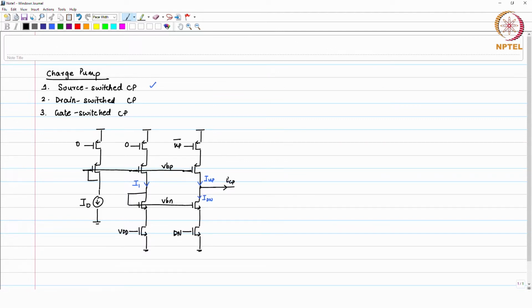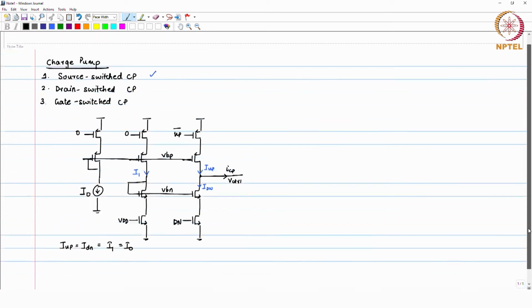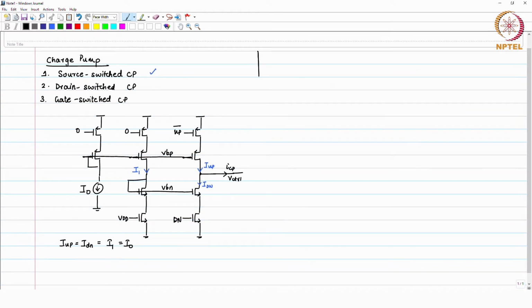This is ICP. Ideally what we think is that I up is equal to I down is equal to I1 is equal to I naught. This is in the ideal case. And by the way, this voltage node is called the control voltage.